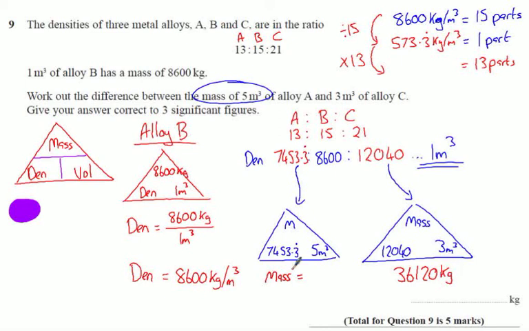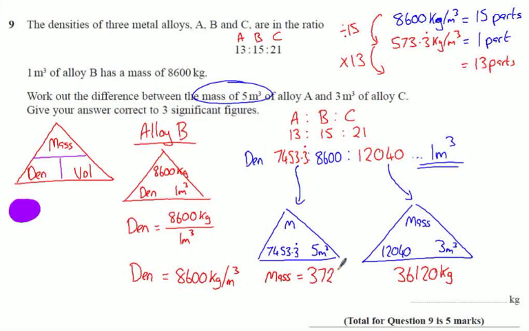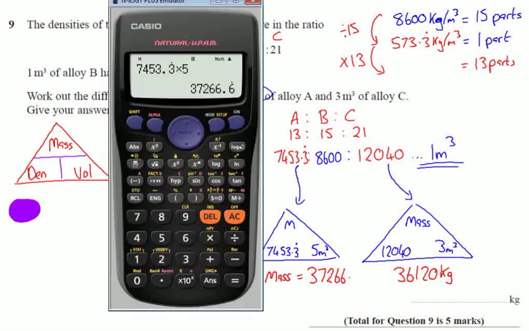And here it's going to be 7453.3 recurring times that by 5, which is equal to 37,266.6 recurring.